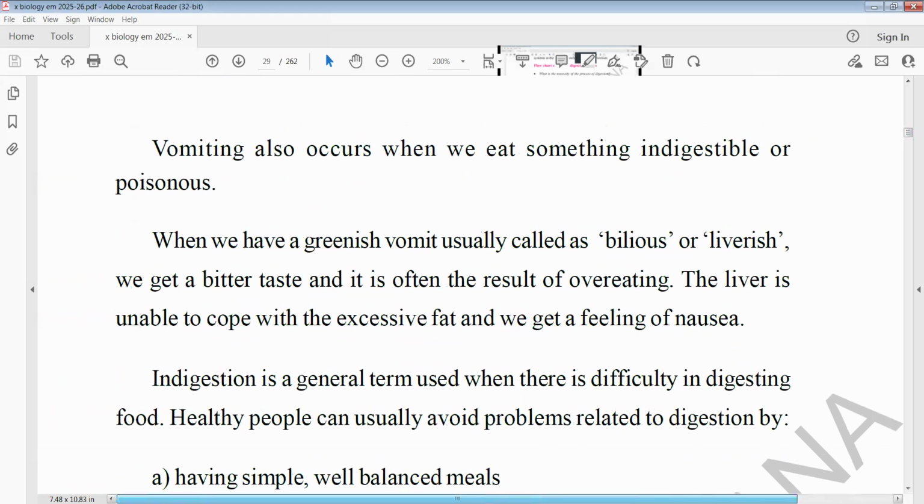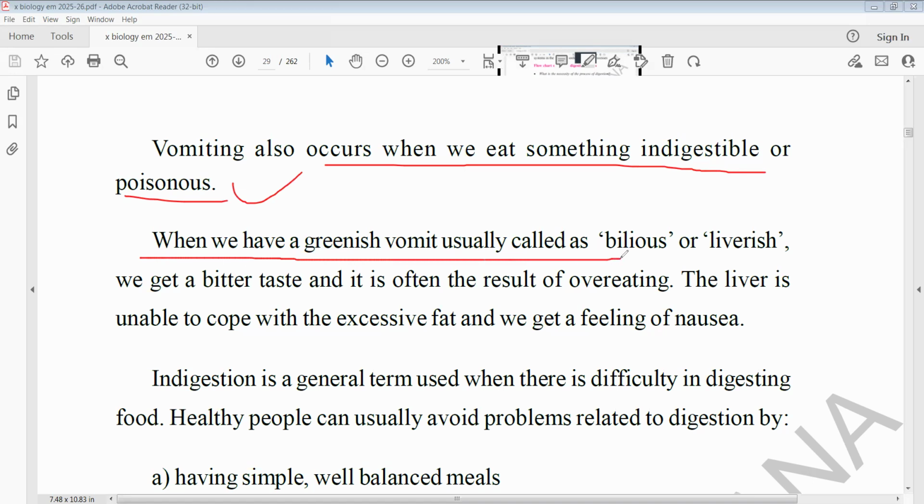Vomiting also occurs when we eat something indigestible or poisonous. When we see a greenish vomit, usually called bilious, sometimes we expel a greenish, watery substance with a bitter taste. It is often the result of overeating, because the food is not digested and is expelled from the mouth.